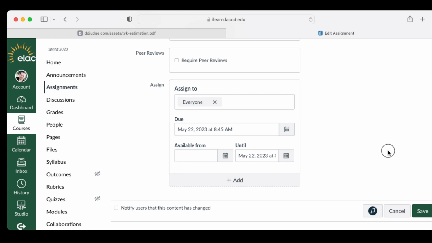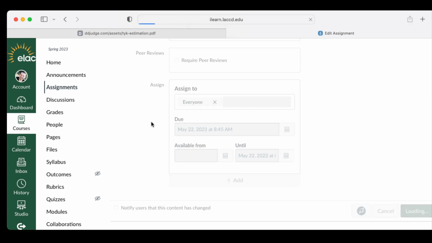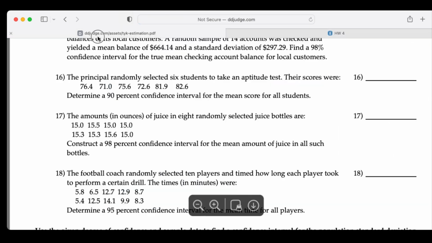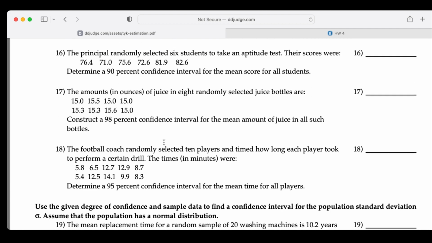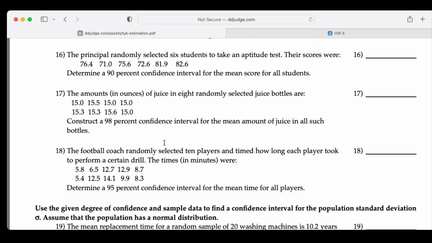Okay? So as you guys can see, what I did give you here, you see this for number 17 and 18 and 16? What did they give you? A list of data. That's small, isn't it? A principal asked 6 students to take an aptitude test.